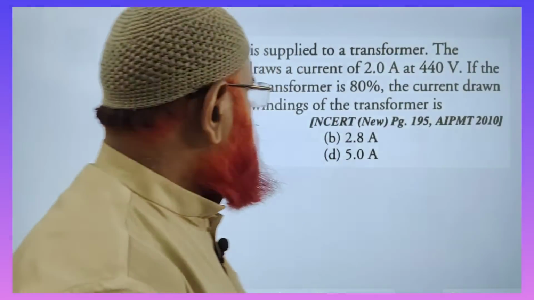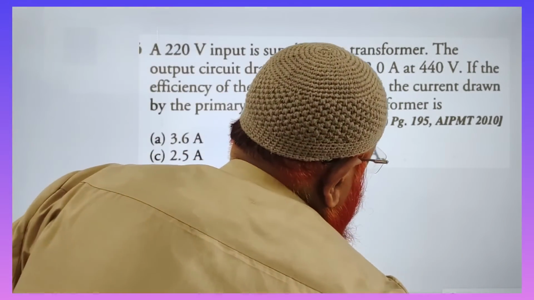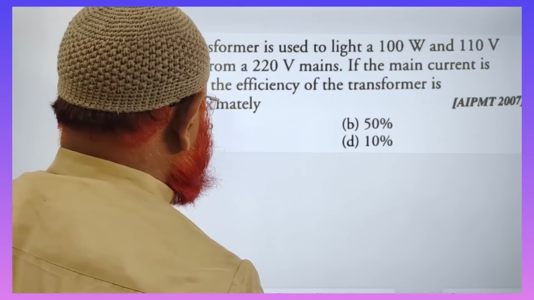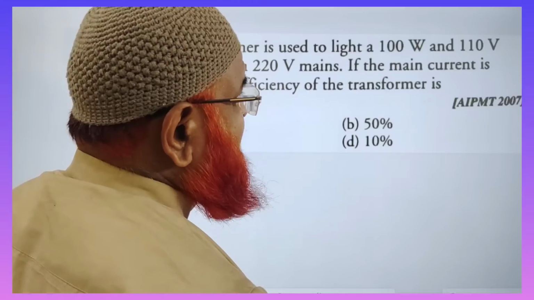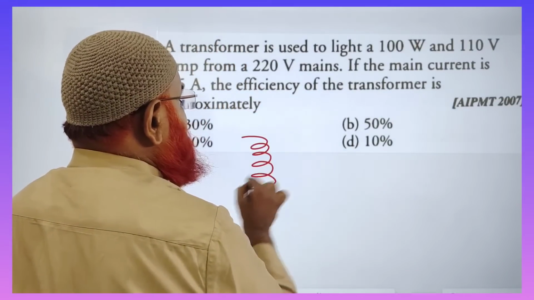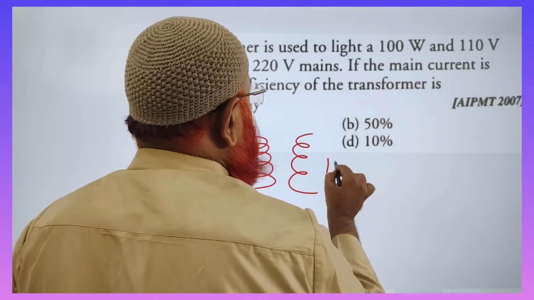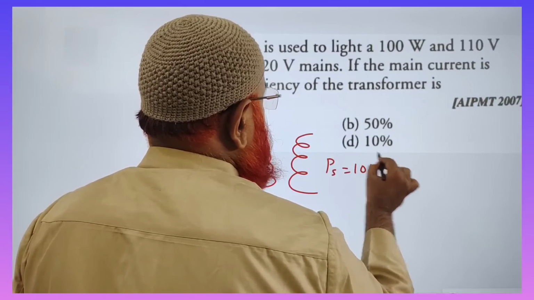Let us go for the next problem. Same problem. Now, a transformer used to light 100 watts and 110 volts lamp. Means you should remember one thing: these are all connected at the output. What is the power at the output? Power at the secondary is 100 watts.